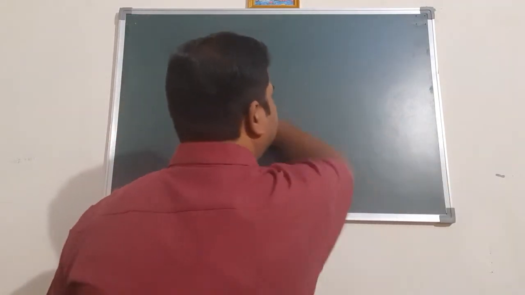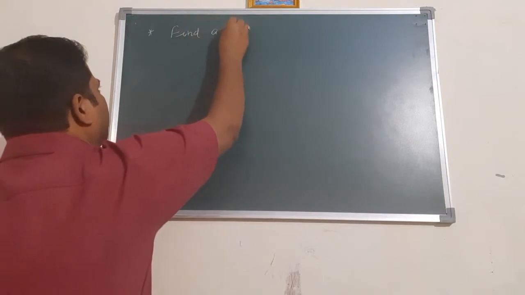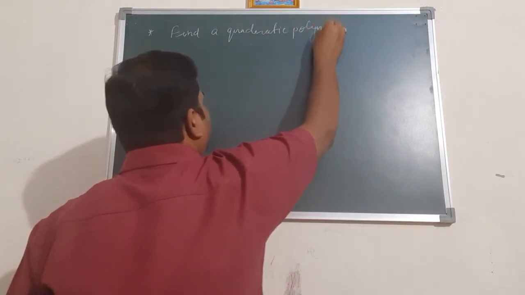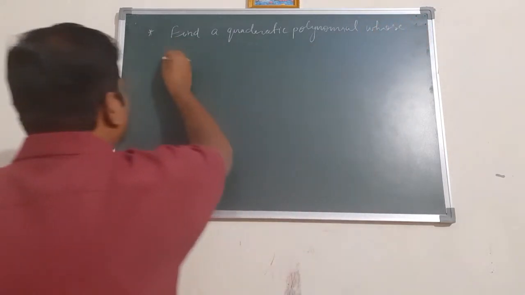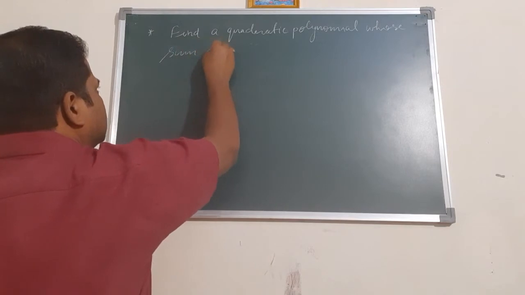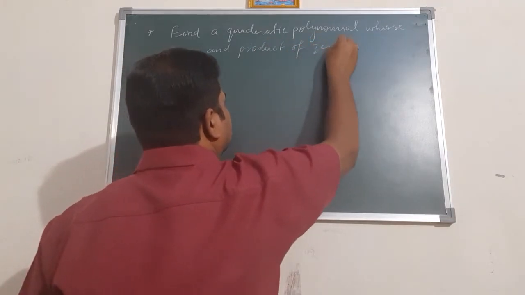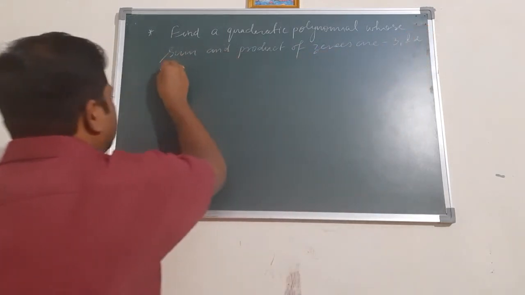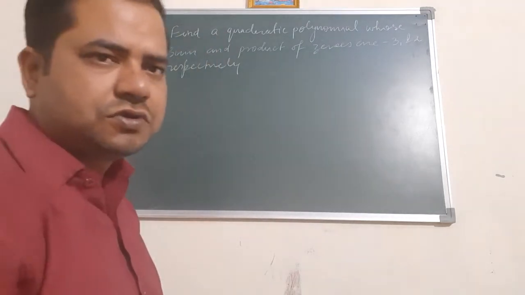Find a quadratic polynomial whose sum and product of zeros are minus 3 and 2 respectively. Okay, so solution.